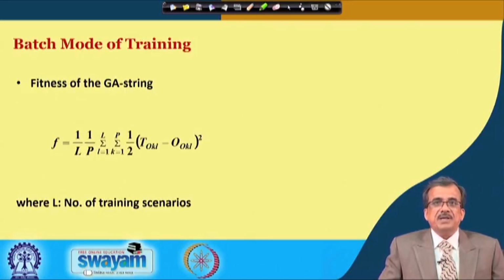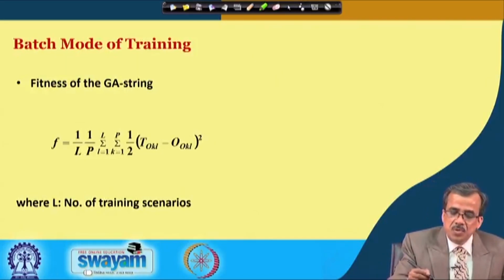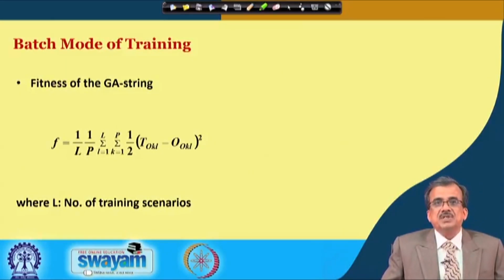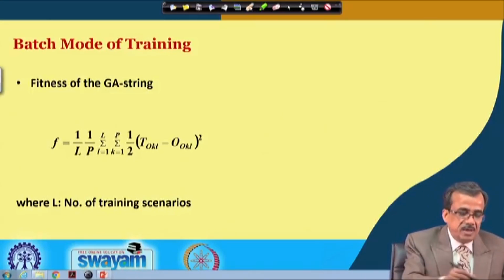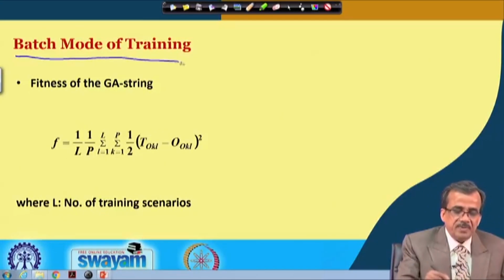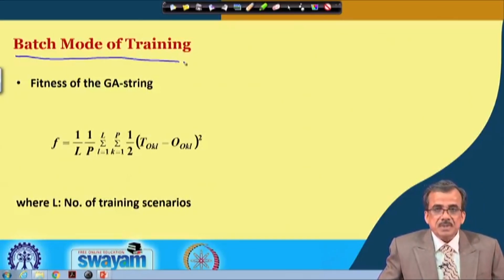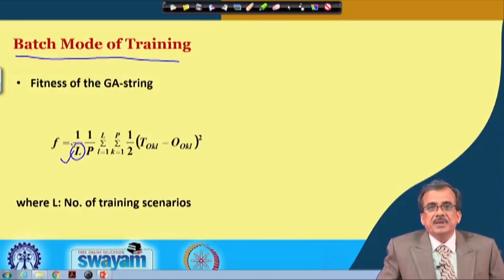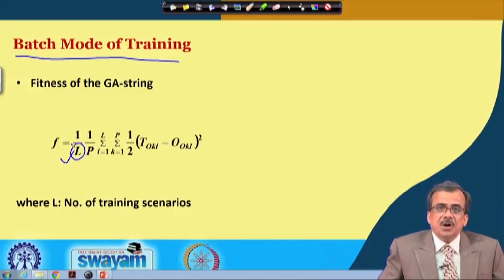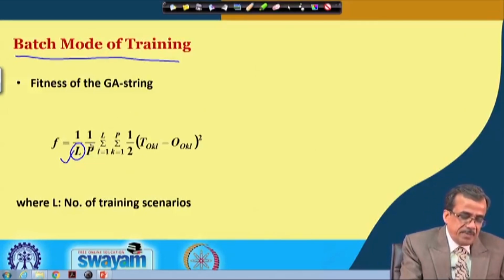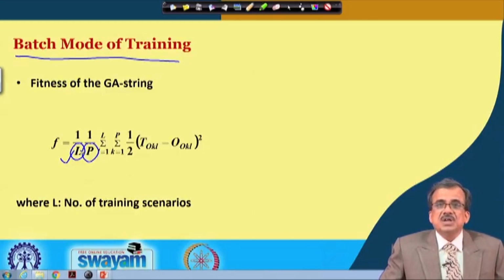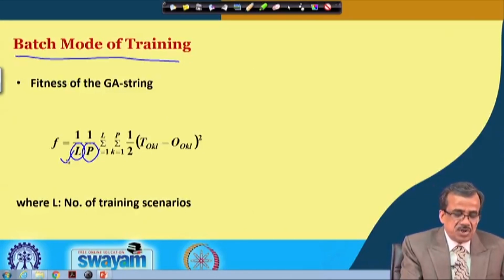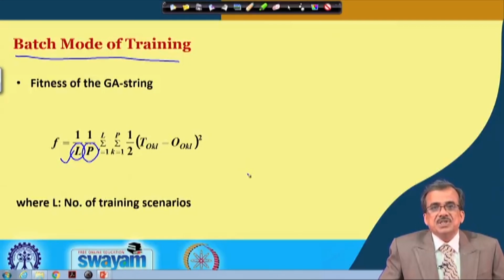To define the fitness, we use the concept of the batch mode of training, the principle of which we have already discussed. That means we pass a large number of training scenarios, denoted by capital L, and we consider all the outputs, that is, the capital P number of outputs, and we try to find out the average error after passing all capital L training scenarios.